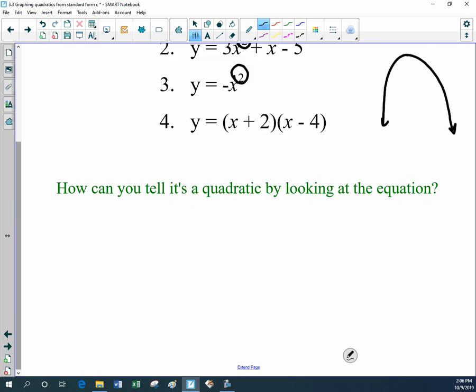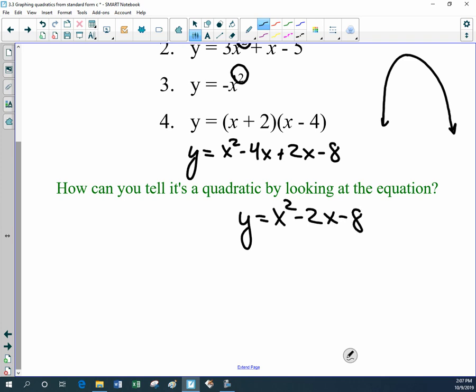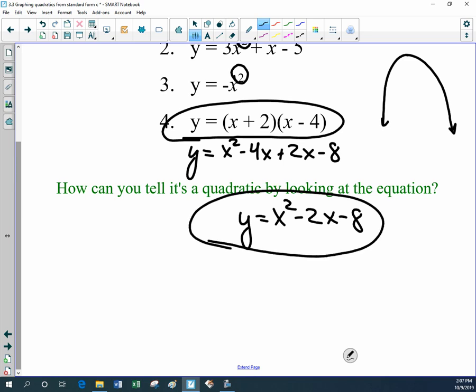So if we were to multiply this out, we would end up with that equation there, which is in standard form. So this equation in factored form and this equation in standard form, those two represent the same graph, okay? But we're going to focus on graphing from this form today.